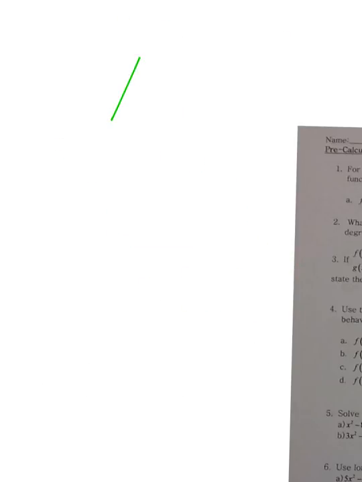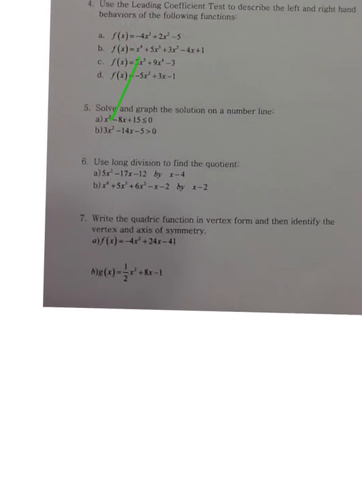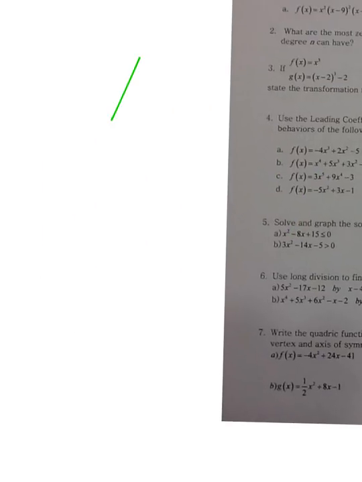7. Okay, so 7 is to take these and put it in vertex form. Okay, so let's just recall what vertex form is.